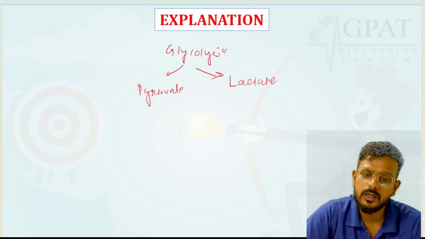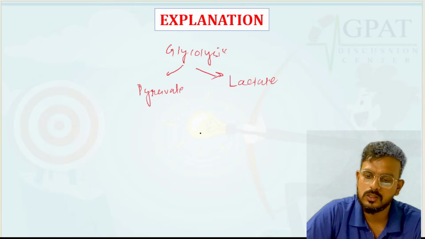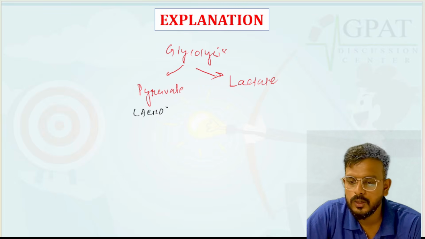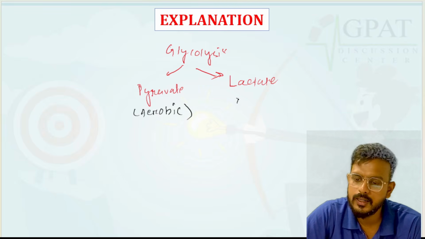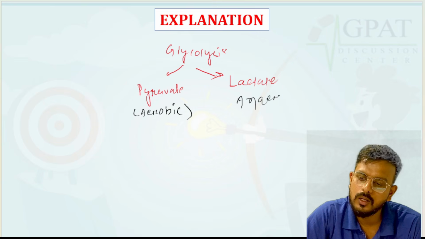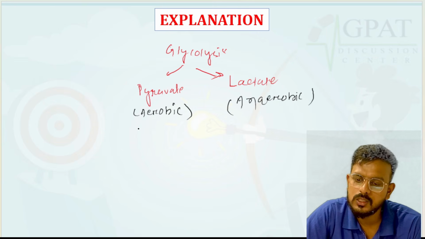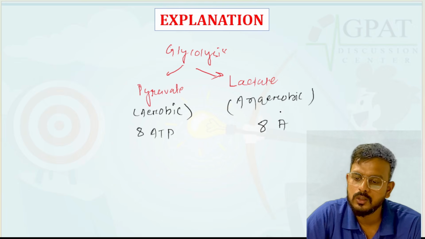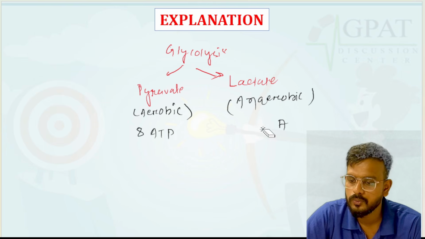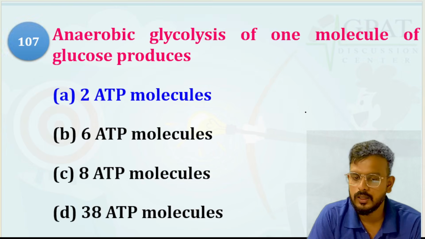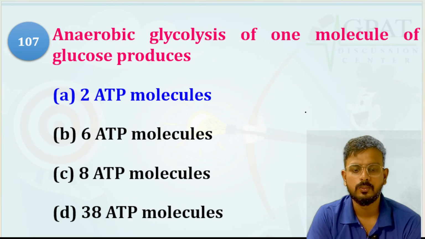Pyruvate is generated during aerobic glycolysis, and lactate is generated during anaerobic glycolysis. In aerobic glycolysis, the total ATP produced is 8. In anaerobic glycolysis, the total ATP produced is 2. So here the option will be option A, that is 2 and 8.